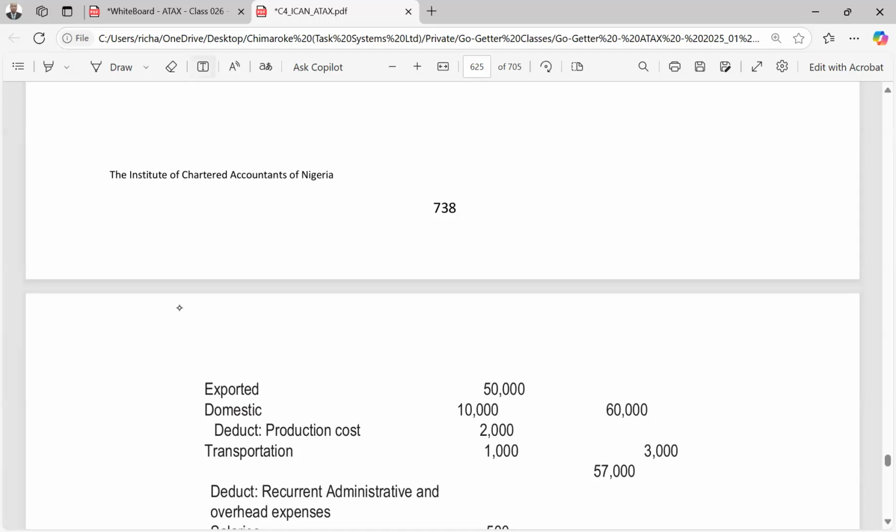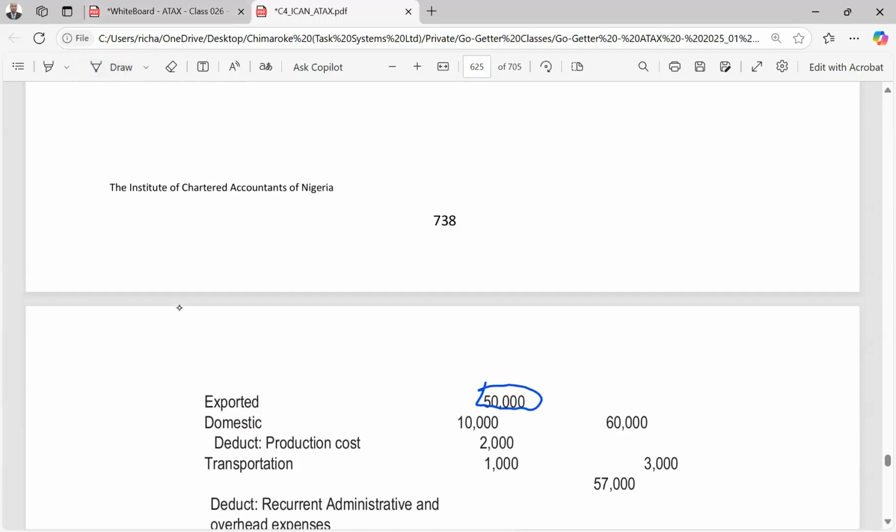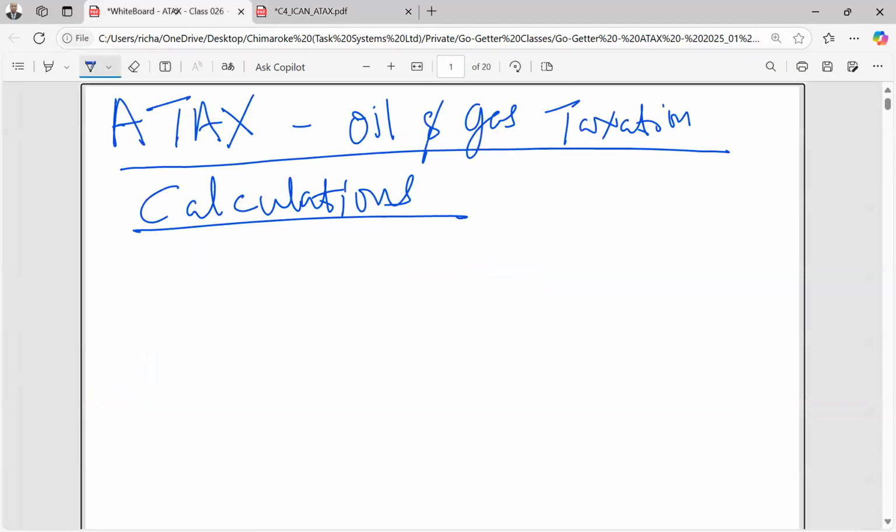No, we will have to check if this is correct. If it is correct, fine. If it is not correct, we discard. How do we do that? Now let's see. What's the name of the company again? Odiok Oil Producing Company.